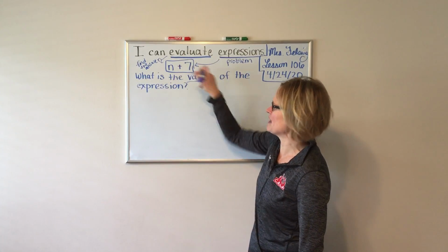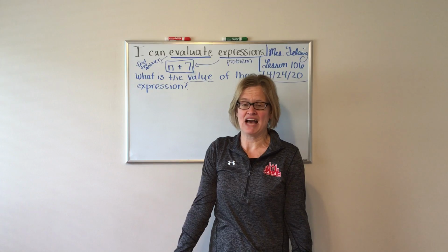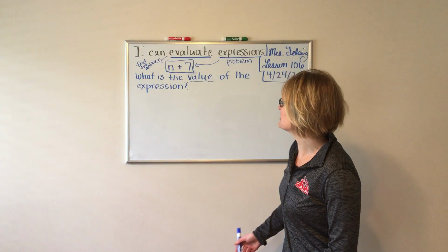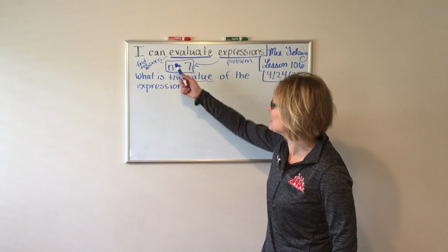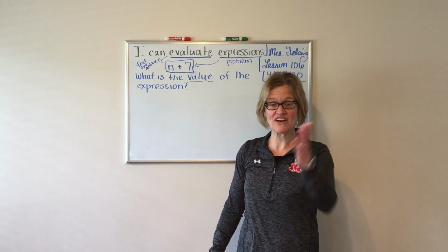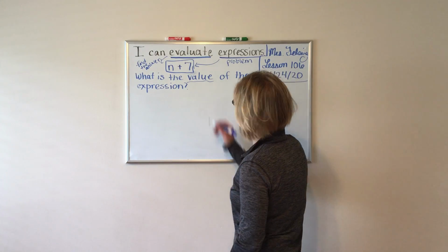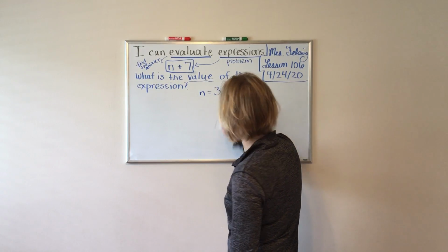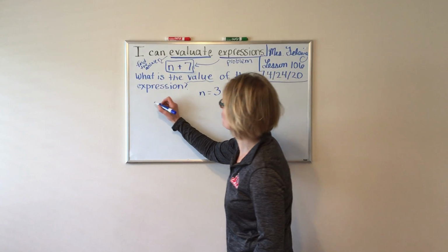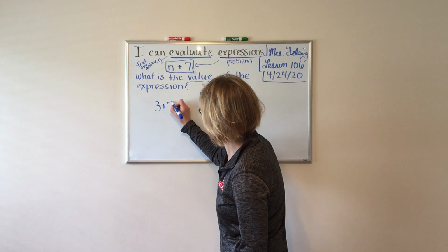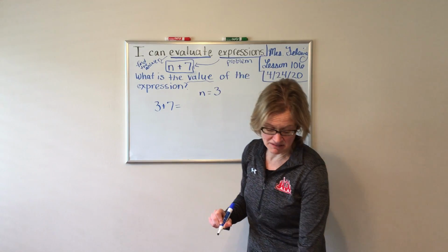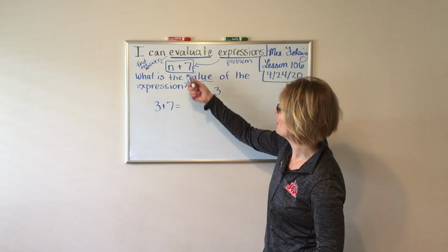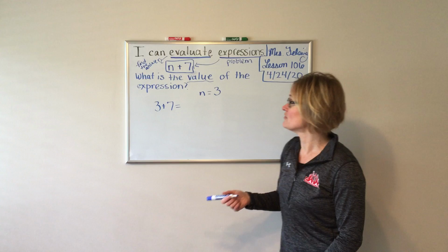Now, if you look at this n plus 7, you're like, I can't find the answer to that because I don't know what n is. Now, if I told you the value of n equals 3, so then you plugged in 3 for n, you did 3 plus 7, well, then, what is the value, in other words, what is the answer for n plus 7?